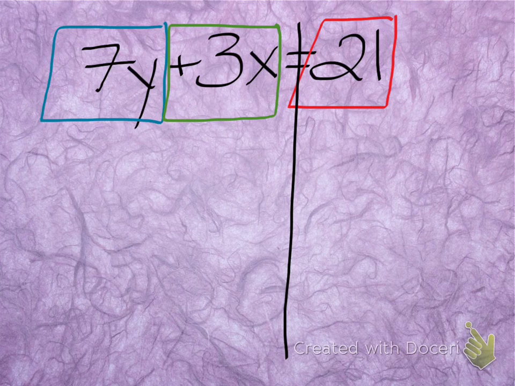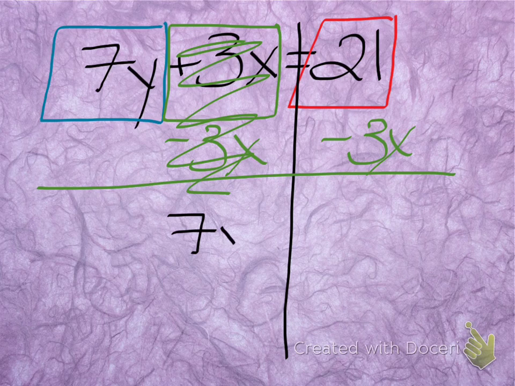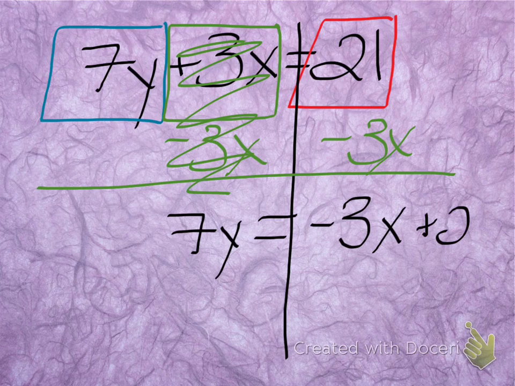Okay, so we are getting rid of our positive 3x. So we do that by subtracting 3x from both sides. That cancels out. So we are left with just 7y on this side equals, put your variable term first, -3x plus 21.